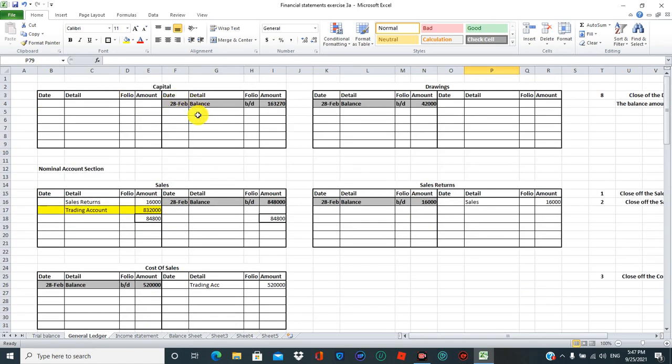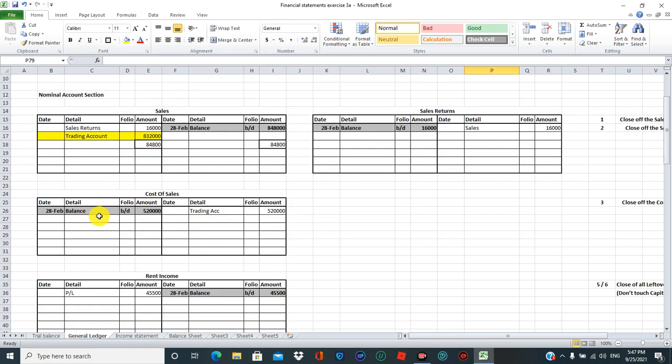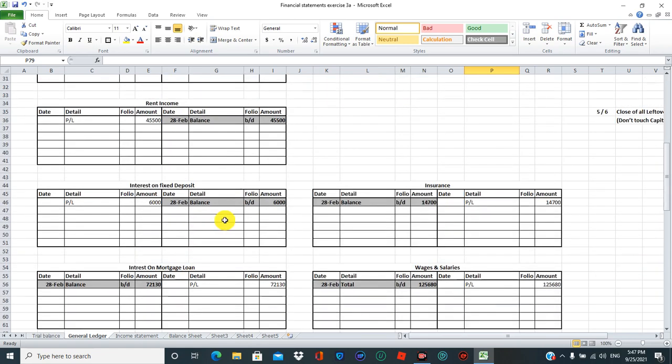Okay, I did mention we're not touching the capital and the drawings account yet. So we've closed off the sales return to the sales account. Then we balanced the sales account. We transferred that amount to the trading account. Then we closed off the cost of sales to the trading account.